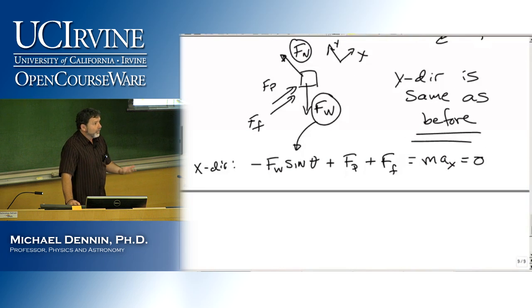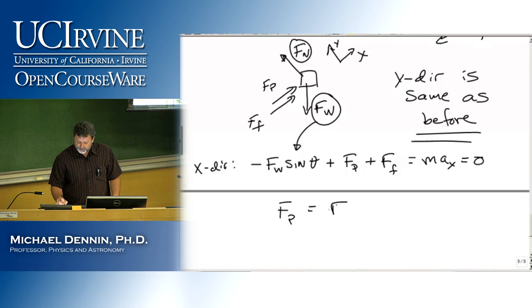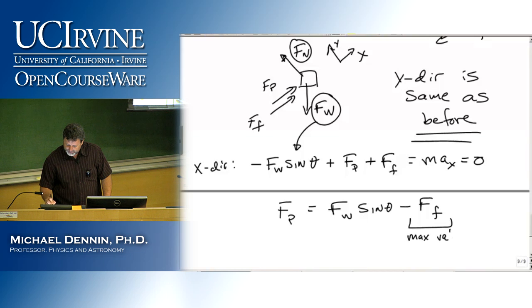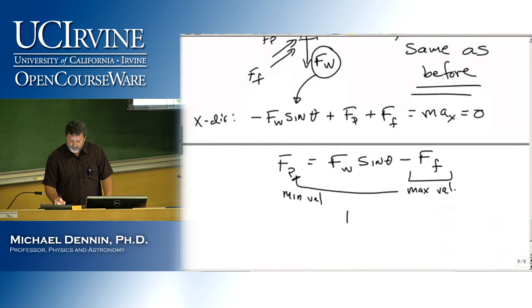Now, that means the pushing force we need, the magnitude of it, is just Fw sine theta minus our force of friction. And the maximum value for this will set the minimum value for this. And how do we get the maximum value for the force of friction?